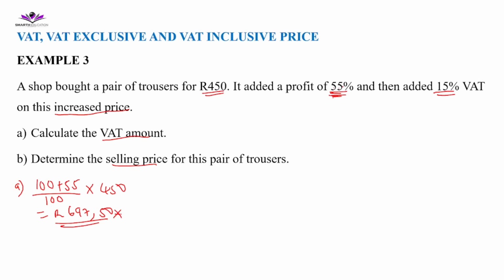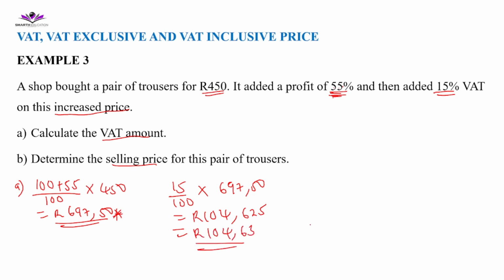To this new price, we're adding VAT, we're calculating VAT, which is 15%. So it's going to be 15% of 697 rand 50, right, which is 104 rand, 625. To 2 decimal places, 104 rand 63 cents, right?